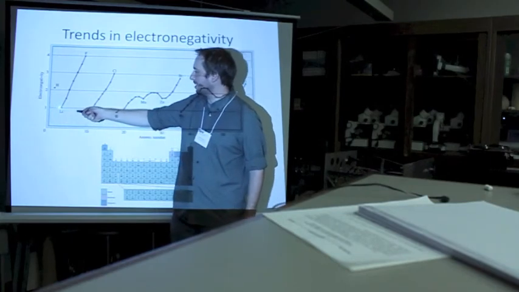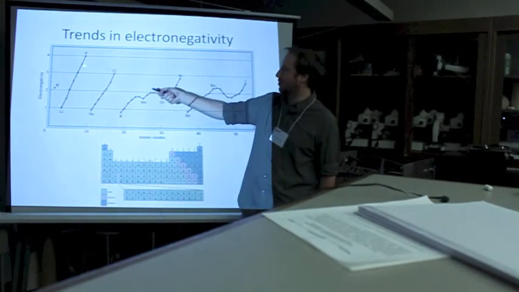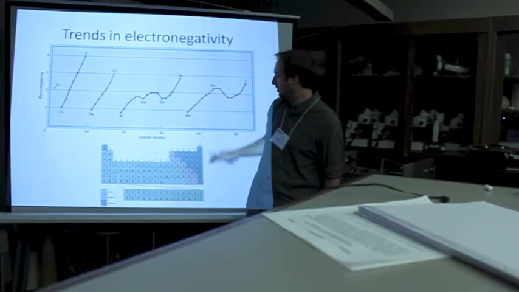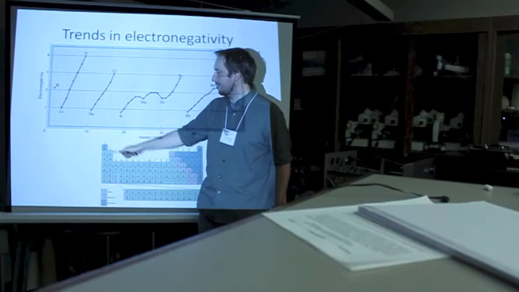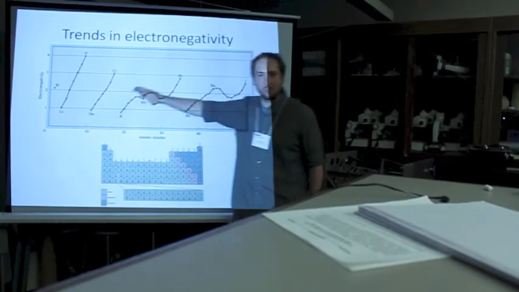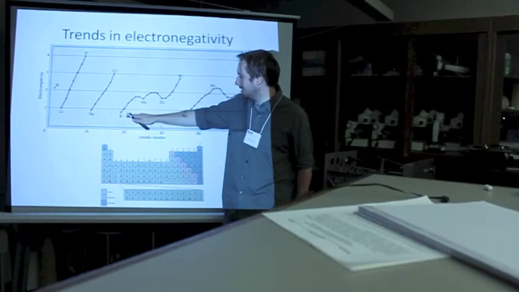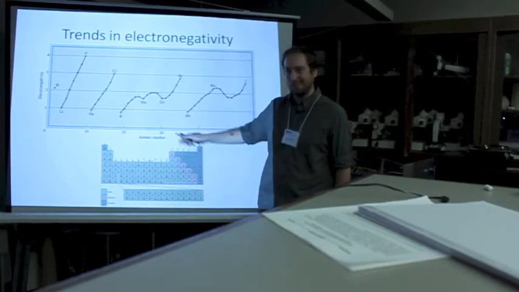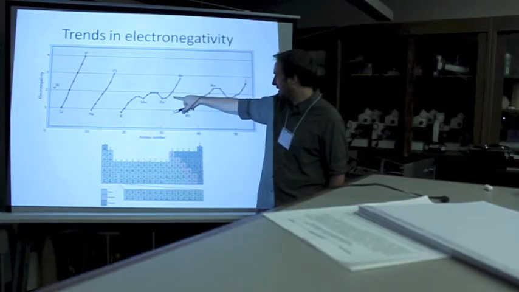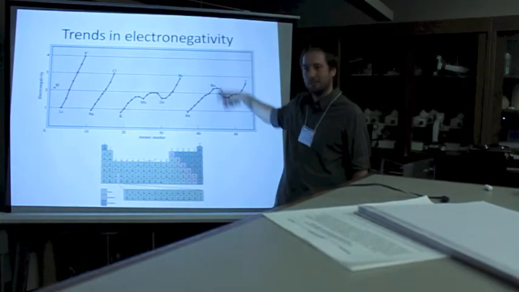Lithium. So lithium is right here. As you add in protons, it wants electrons more and more and more. And then it reaches that point where it's like neon, and then it drops off again to be like sodium over here, where it doesn't really want electrons. And then it grows and grows and grows. And then it does something similar when you go to potassium. And then it'll grow, and then it goes through this weird region where we reach the transition metals, and then it'll come back over, pick up over here, where we get back into the P block and start growing again.